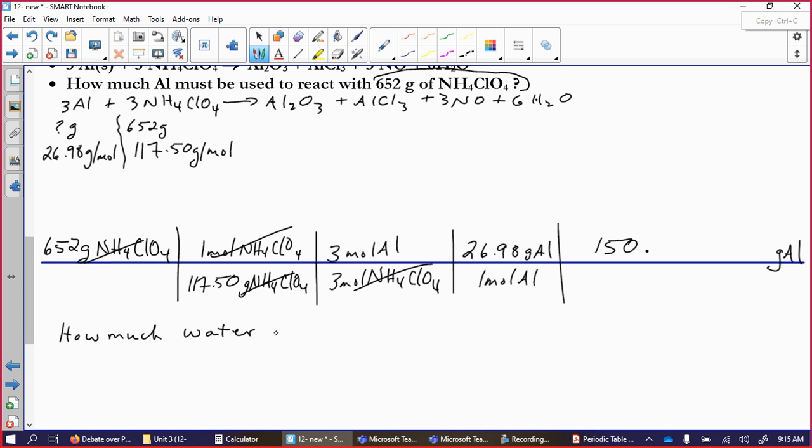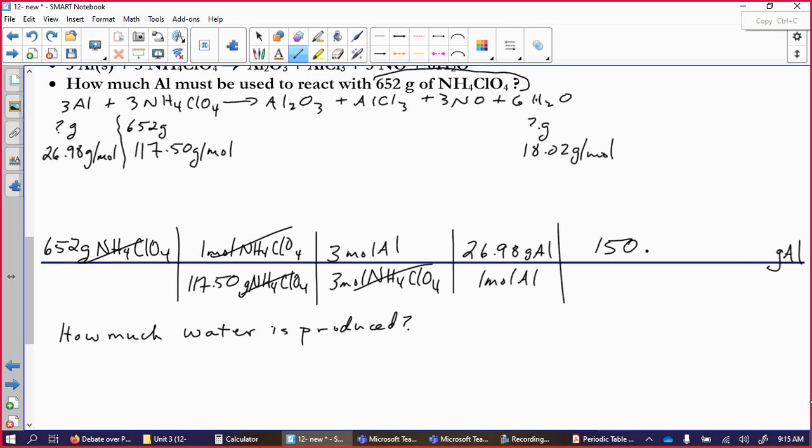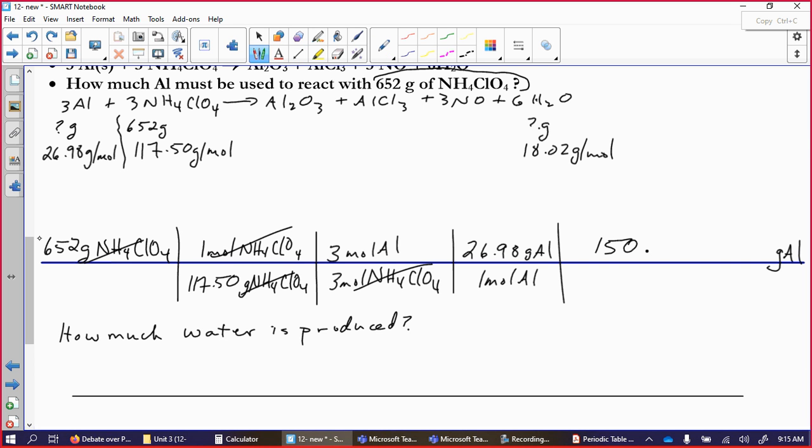Now, if I use the same thing and say how much water is produced, well, the only thing that really changes is I want to know this mass. That would be 18.02. Go away. I can do this now. This first part stays, because I'm still converting that to moles.